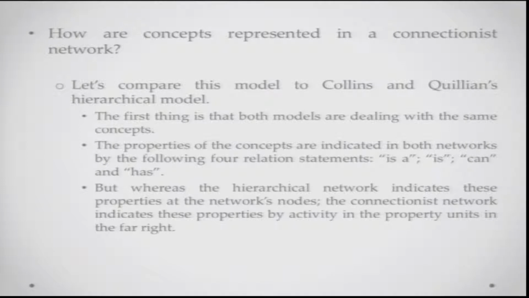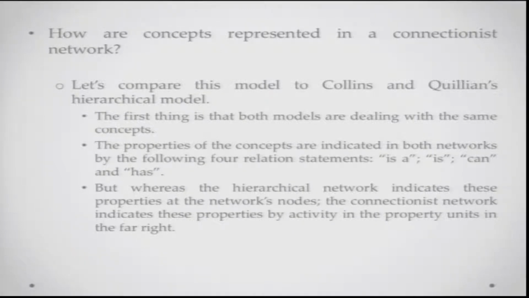Now let us try and compare this model in its basics to the Collins and Quillian model. The first thing you will notice, and you might have already noticed, is that both models are dealing with very similar concepts: concepts of objects, plants, things, etc. The properties of these concepts are indicated in both networks by four relation statements, and these four relation statements are is a, is, can, and has.